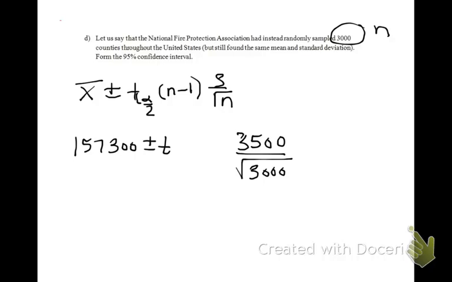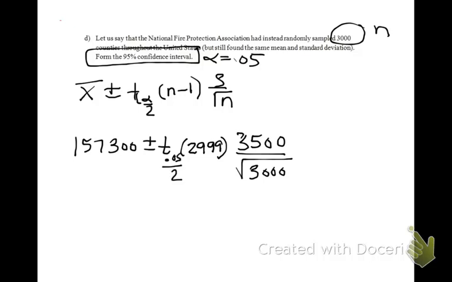So in our t-value, we're looking for 3,000 minus 1, that's 2,999 degrees of freedom. And the alpha goes with the 95% confidence, so alpha here is 0.05. We need to take that number and divide it by 2.